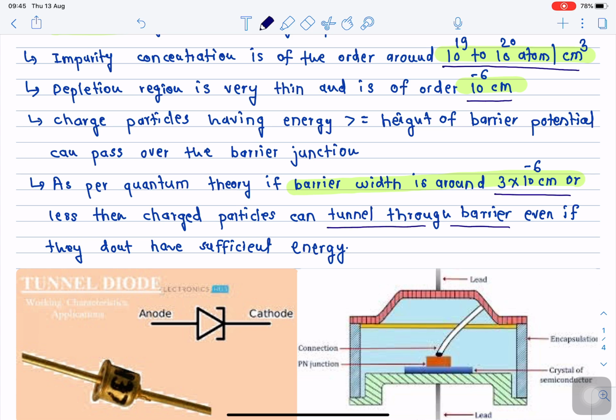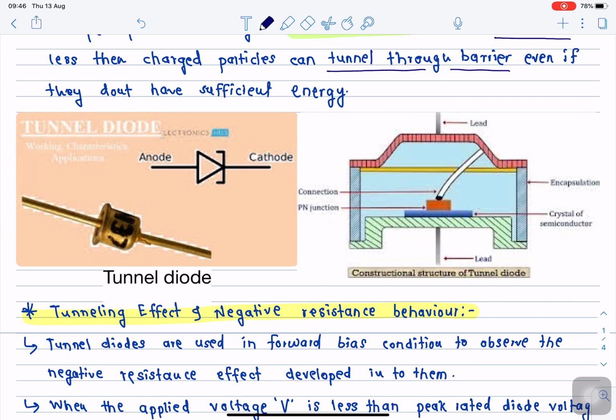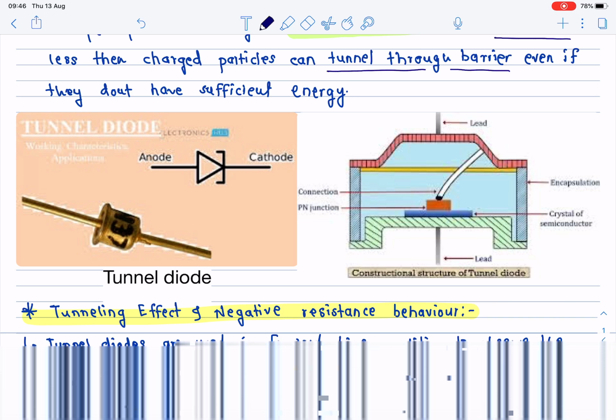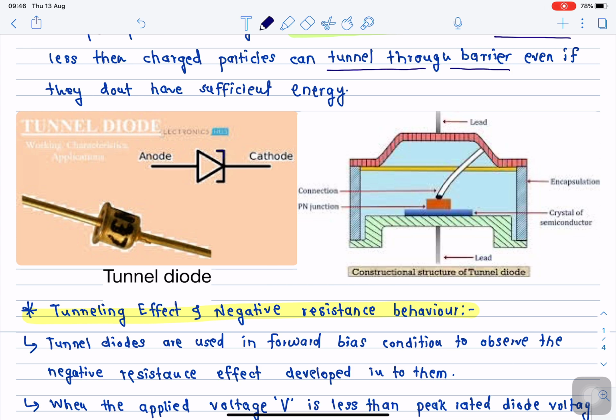Okay, so the below diagram shows the symbolic representation of an actual tunnel diode, and on the right hand side the typical construction of the tunnel diode is shown. Symbolically the tunnel diode is represented by a bar like structure which is treated as the cathode terminal, right?